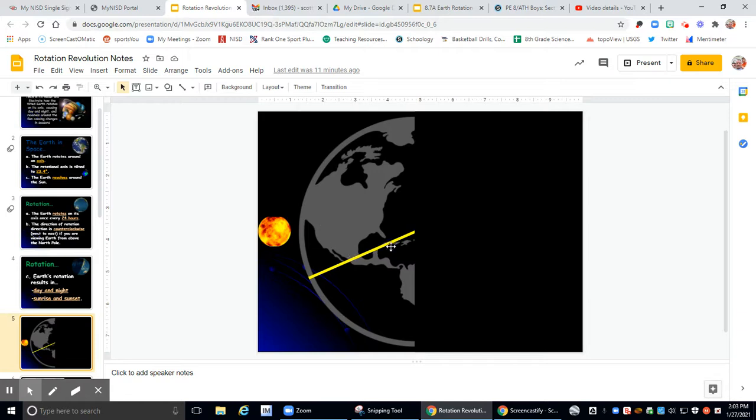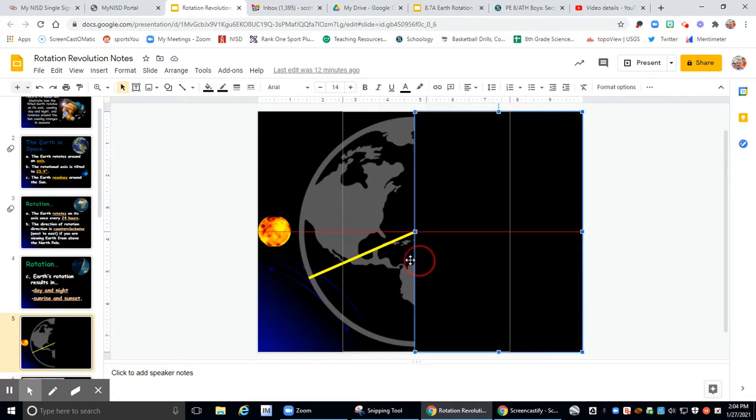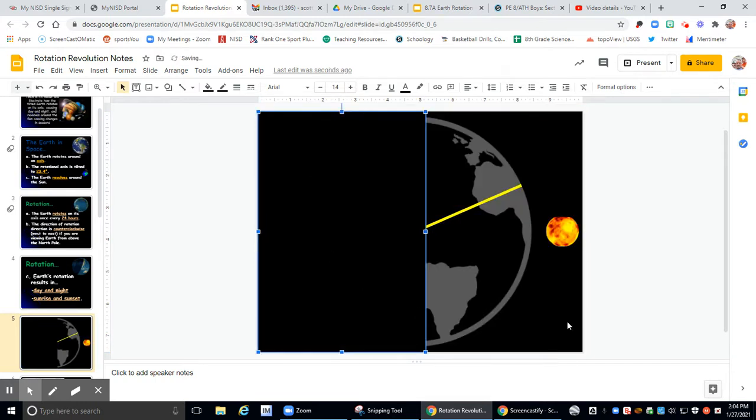When we get later on to seasons and day and night, you can see that in this configuration, with the Earth on this side of the sun, the northern hemisphere, if you look at it like a pie piece, has a pretty big piece in daytime, and in the southern hemisphere the days are much shorter. So the days in the northern hemisphere are longer, and the days in the southern hemisphere are shorter. Now, 6 months later, when the Earth is on the opposite side of the sun, it's different.